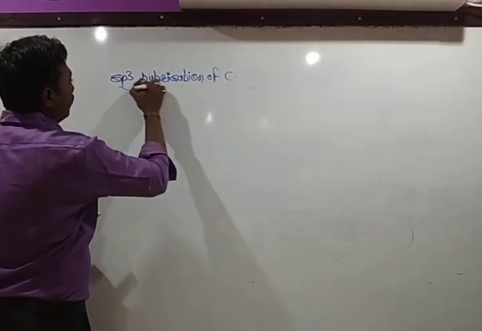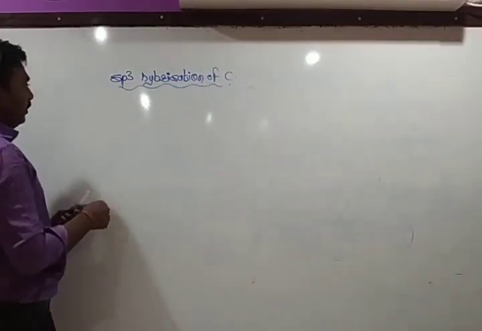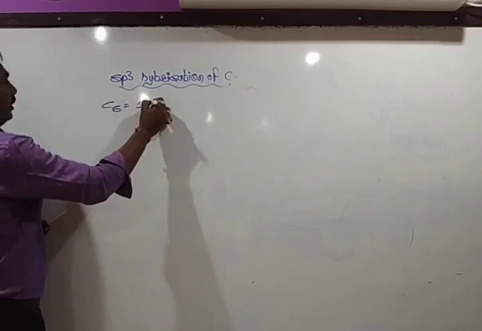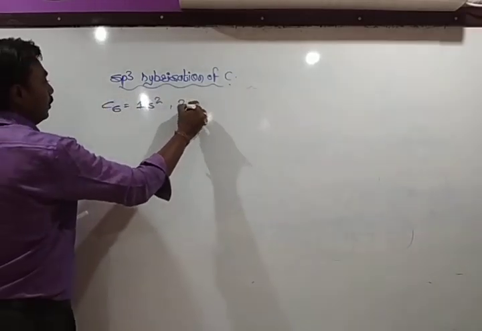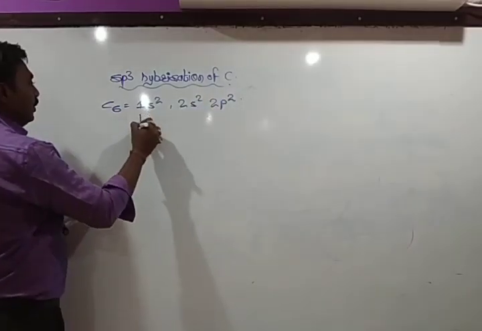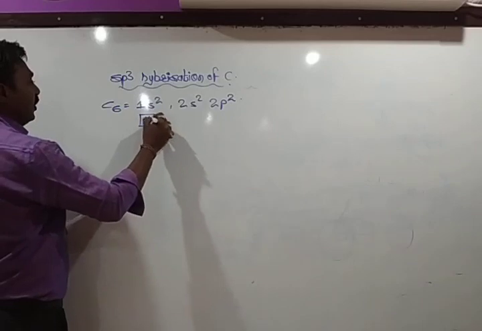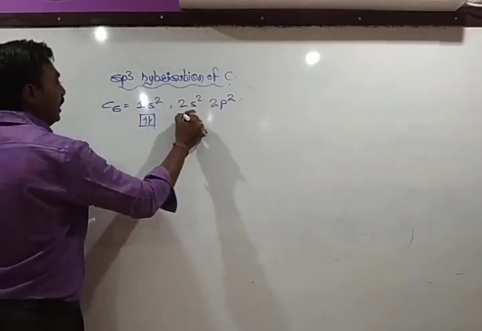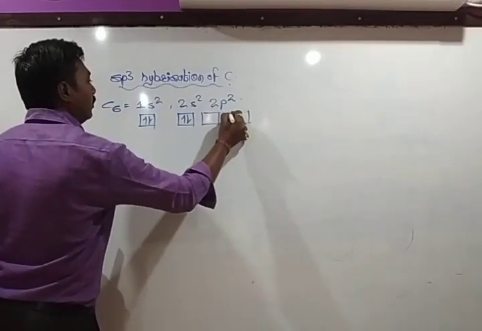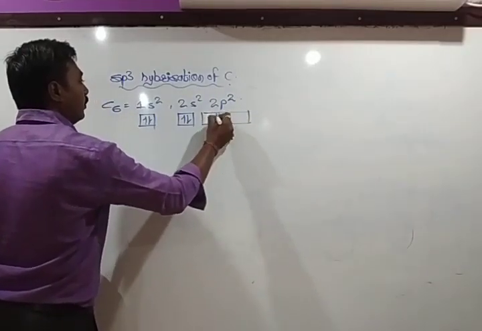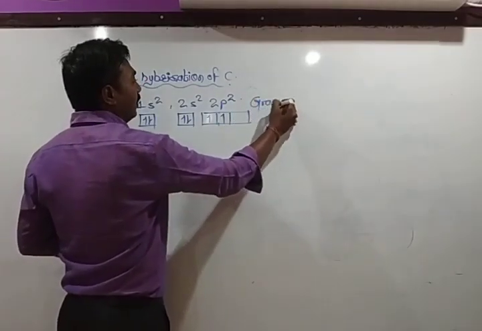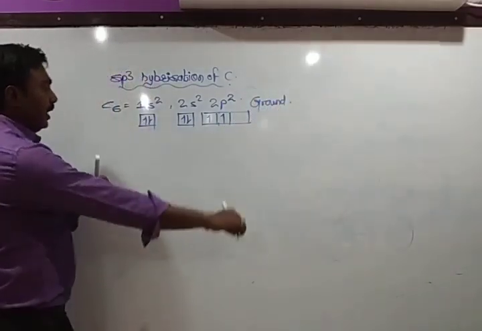What is the atomic number of carbon? 6. And its electronic configuration is 1s2, 2s2 and 2p2. Here 2 electrons are present in the first shell and 4 electrons are present in the second shell. This is the ground state configuration of the carbon atom.